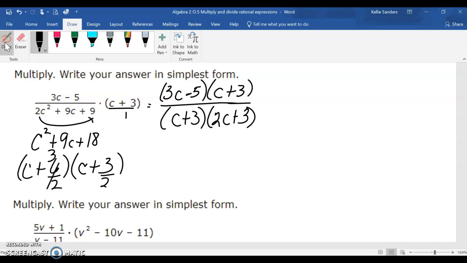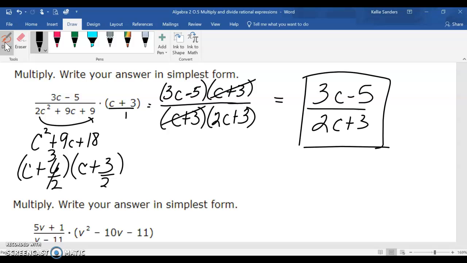And this is why I did this. Because even if I would have multiplied the tops, I would have had to factor them out again, because those 2 cancel out. And when those 2 cancel out, lo and behold, that is our answer, because there wasn't anything to multiply on top and there wasn't anything to multiply on bottom.